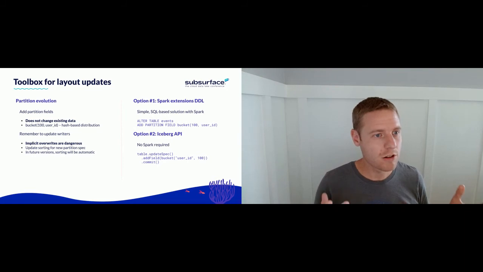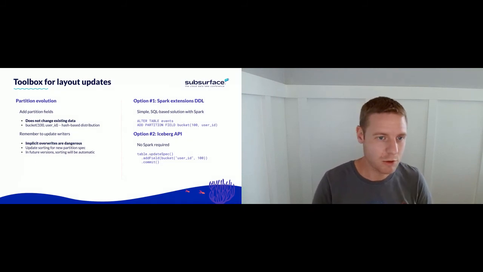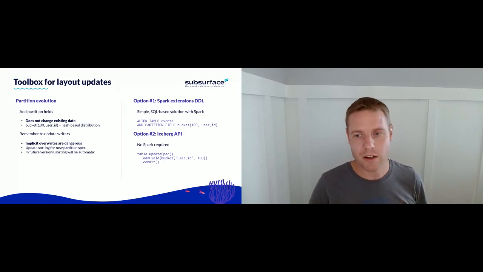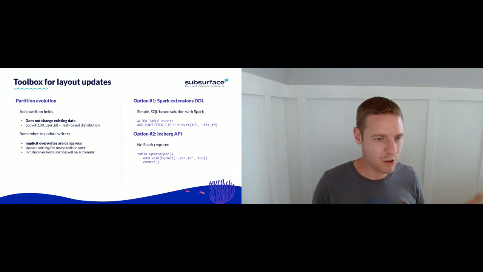Okay, so in order to actually do the partition evolution, we have two options. One is the Spark extensions new DDL, which is very, very simple: ALTER TABLE events ADD PARTITION FIELD bucket(100, user_id). On the other hand, if you don't use Spark and still want to take advantage of this, you totally can.